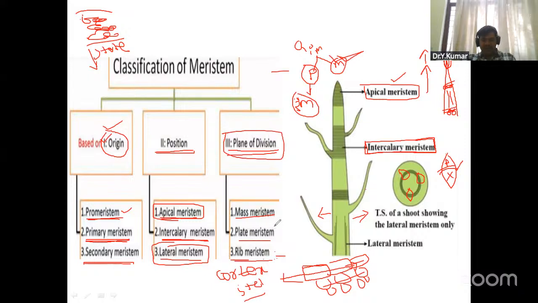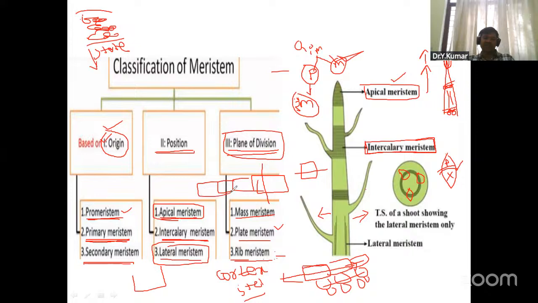Next one, plate meristem. It shows periclinal division. Periclinal division means the same cell divides like this. That is periclinal division, and this is anticlinal division. What happens if division is periclinal?